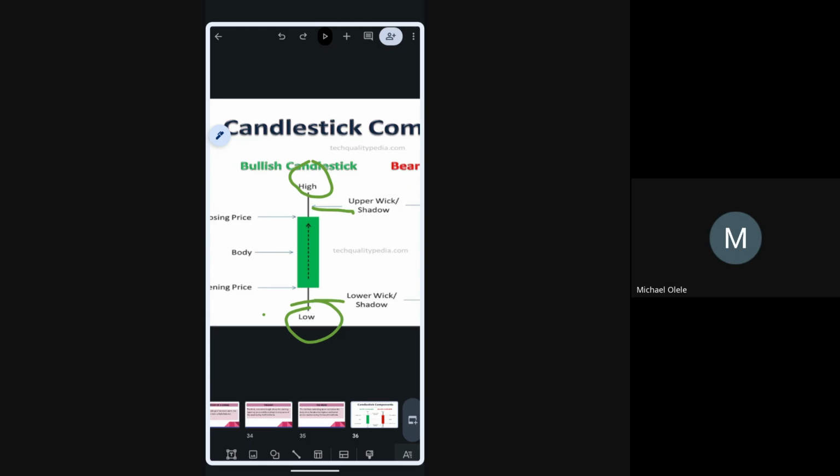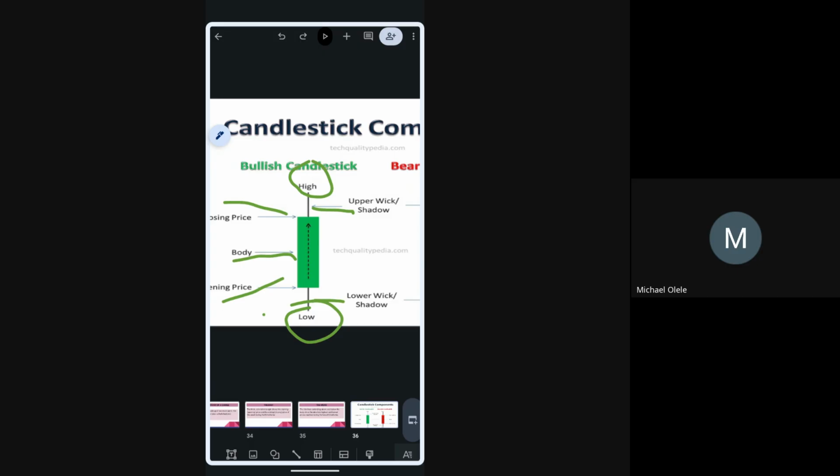Here we have the body, the closing price, and the starting or opening price. Can you see that from one particular candle, we have about 1, 2, 3, 4, 5, 6, 7 things to consider? We have about 7 core parts to consider in this candle.